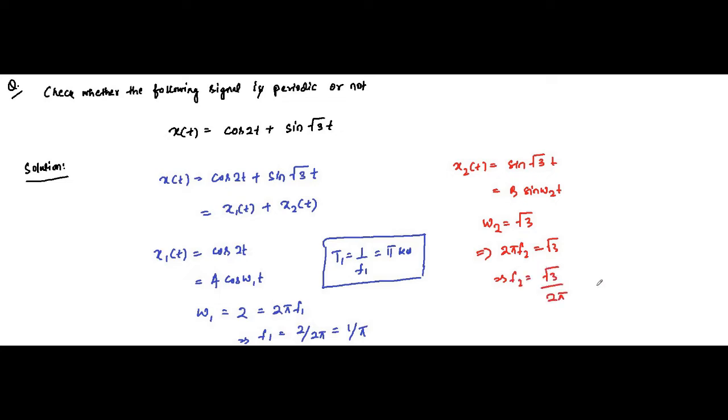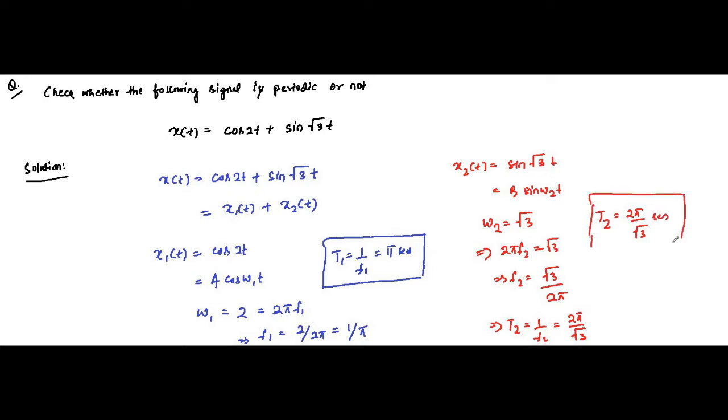That implies T2 is 1 by f2, which is equal to 2 pi by root 3. So here T2 is equal to 2 pi by root 3 seconds.